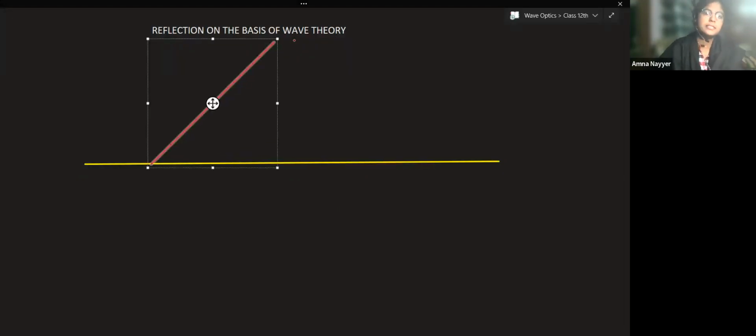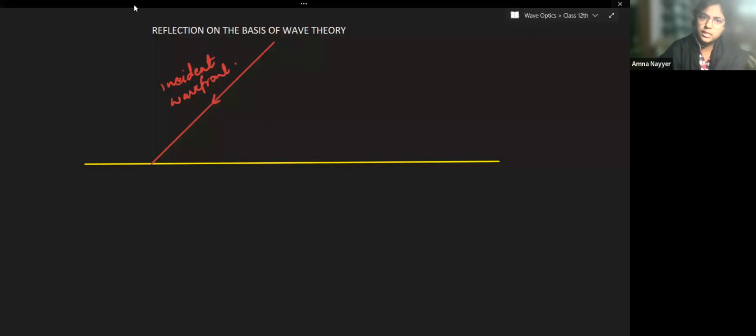Not incident ray, incident wavefront. If this is the incident wavefront, obviously the incident ray will be perpendicular to it. Rays are always perpendicular to wavefronts. So this is the incident ray.